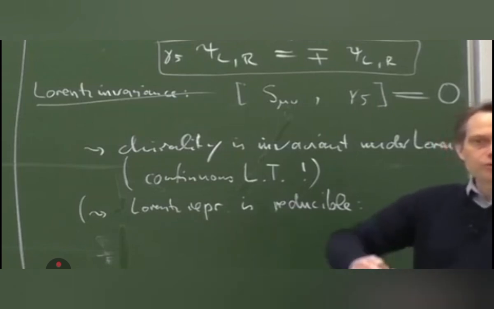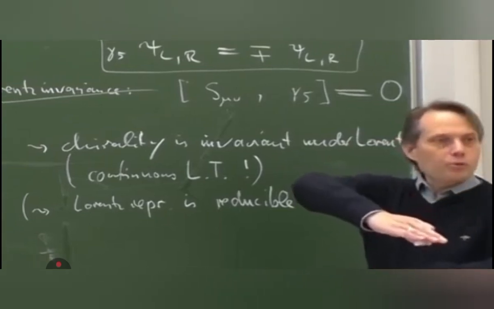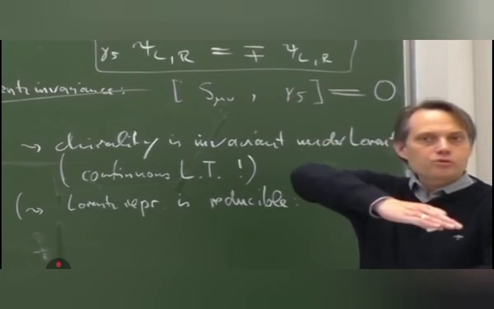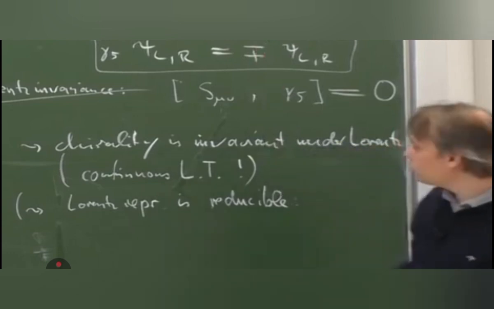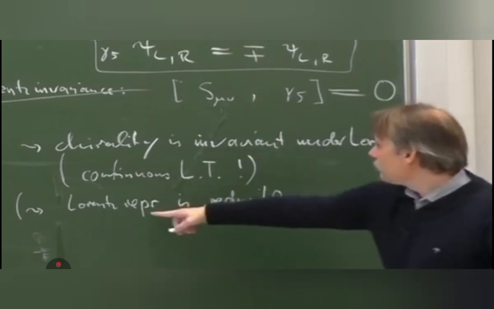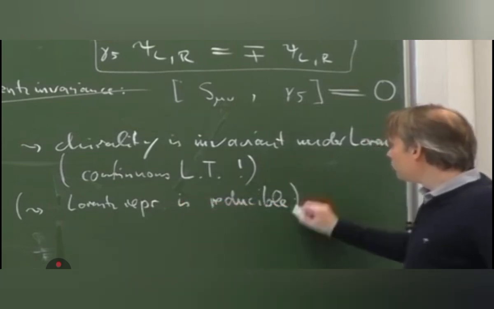So the whole space of spinors is decomposed into two subspaces, which together fill up the whole space, and the subspaces are each invariant under Lorentz transformations. Such a situation is what we mean by a reducible representation.